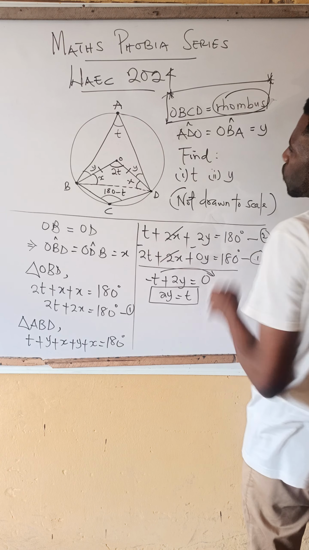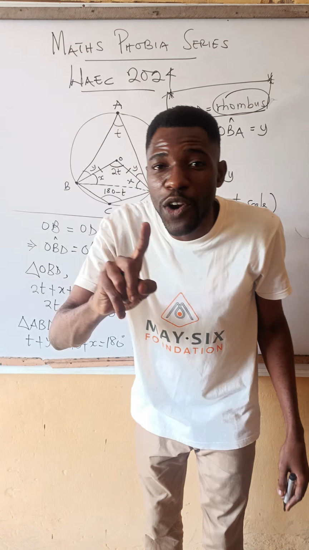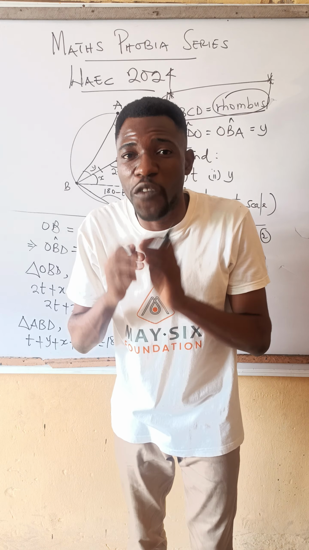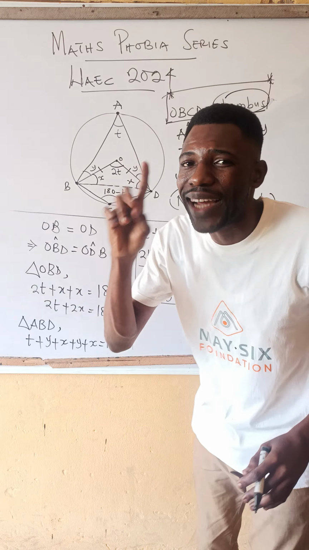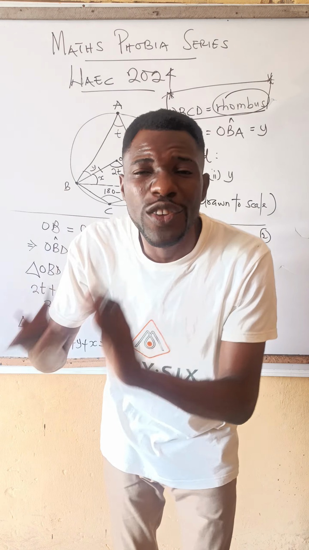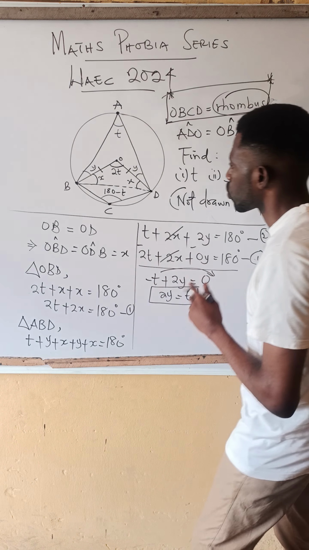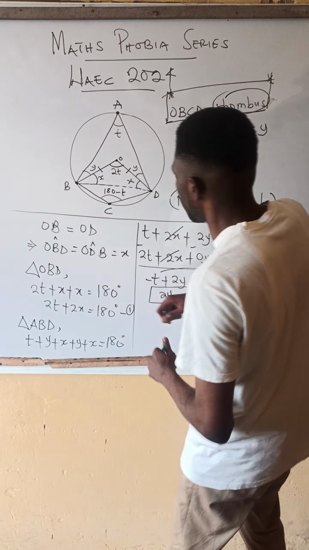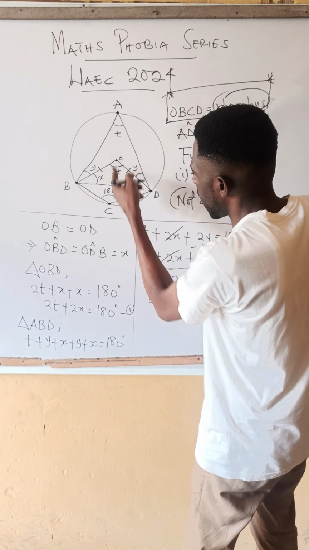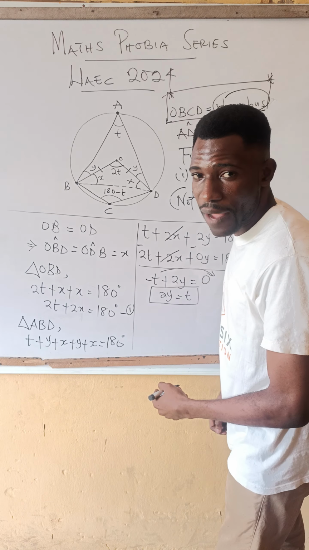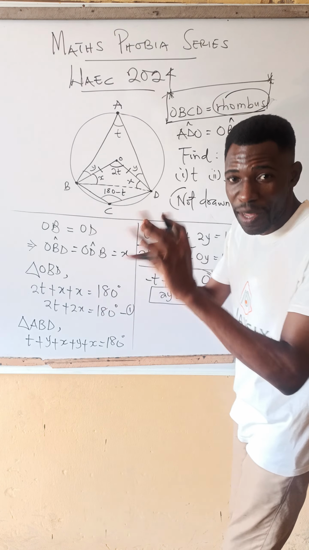We were told that this is a rhombus. Now, isn't that striking enough? And we know that one of the properties of a rhombus is that opposite sides of a rhombus are equal. So what does that tell you? Look at what I have here. I have this side and I have this side. Have you seen how the conditions are bailing us out?